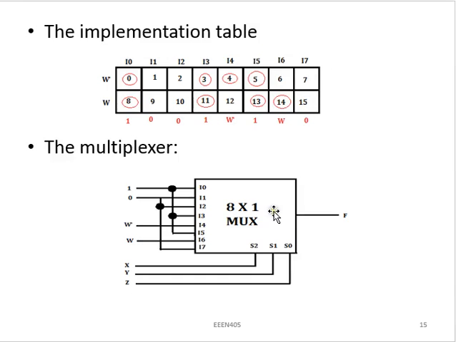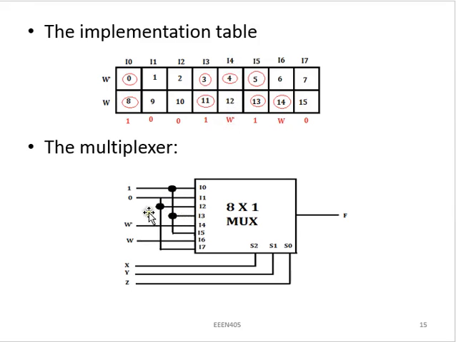Then after that, I come and draw the diagram. This is my 8x1 multiplexer, and my inputs are I0 to I7. Now I0, I know I need 1, take 1 to it. I1 and I2, they need 0, take 0 to I1 and I2. Then I3 needs 1, I tap from here and deliver it here.